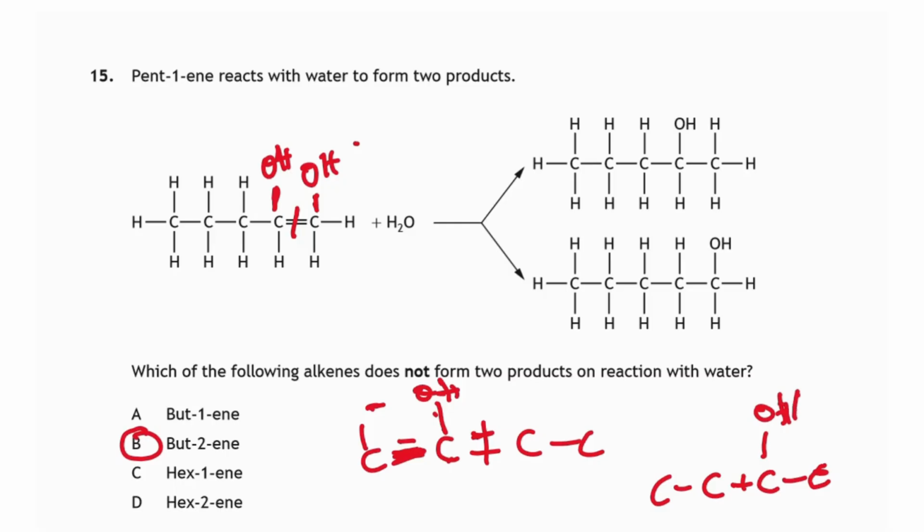So we are not getting two different products for but-2-ene, unlike but-1-ene and the other options, even the one given as an example. Those are two different products: here the OH is on the first carbon atom, and here it is on the second carbon atom. But for but-2-ene, the OH group would be on the second carbon atom in both cases.